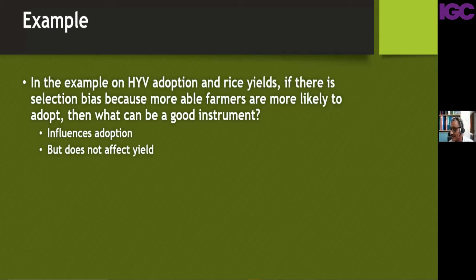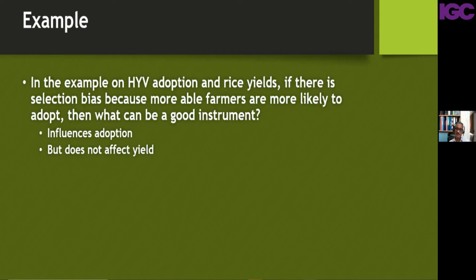So are there any suggestions on what could be an instrument? In any case, you will have to think of these instruments, and the biggest problem is in coming up with the relevant instrument which is not weak and at the same time is exogenous.